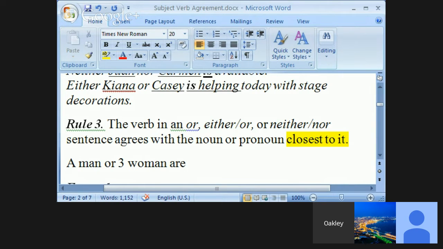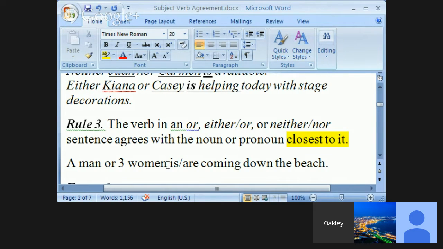Okay. Now here's the question. Do I say is or are coming down the beach? Are. Okay. You are correct. All right. 3 women, not woman. Whoops, my mistake. 3 women. Yes, this is correct.